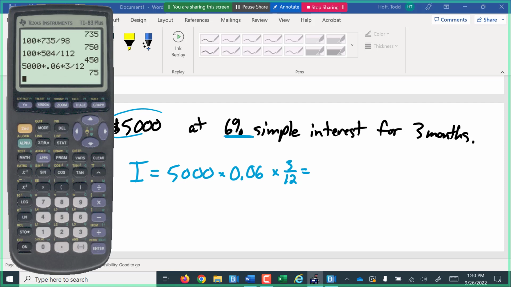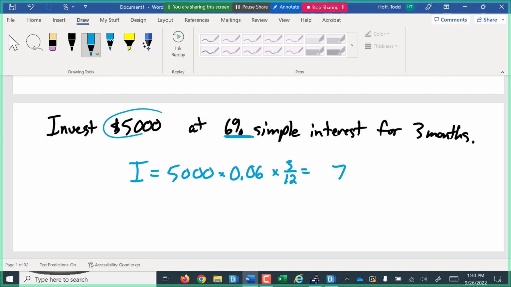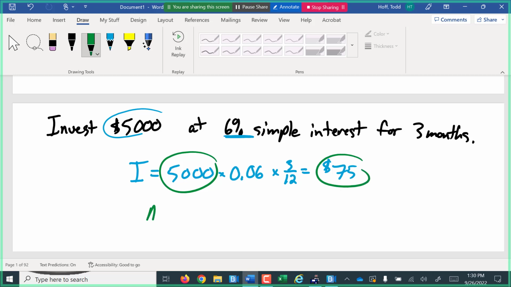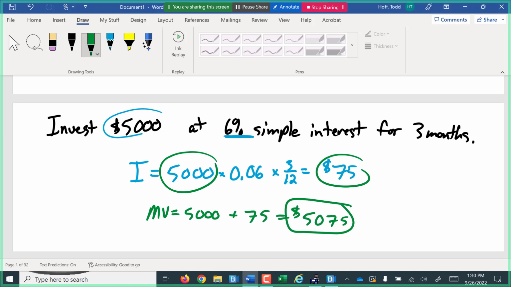It doesn't have to be entered as a fraction. Gives us $75 in interest. And of course, we can add those together, giving us a maturity value. 5,000 plus 75 is $5,075.